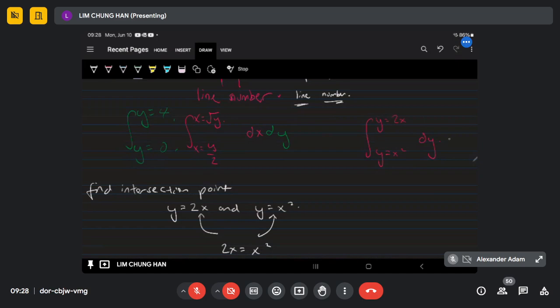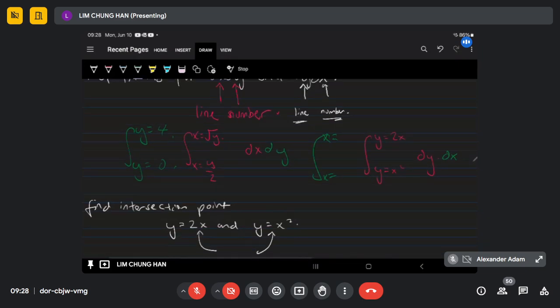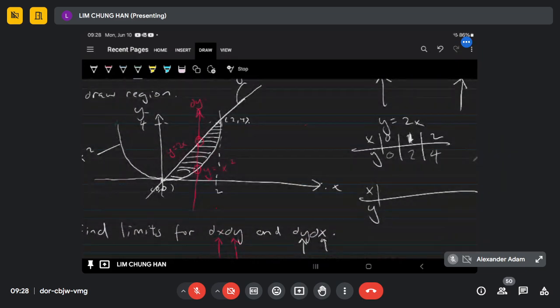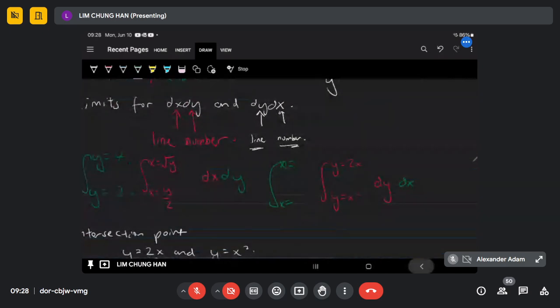Next, for your dx limit, you just choose the biggest x-axis number and the smallest x-axis number. The smallest one is there. The biggest number is that line there, x equals 2. So 0 and 2. That's your limit.